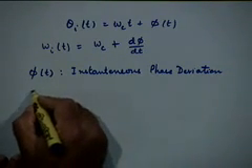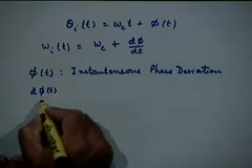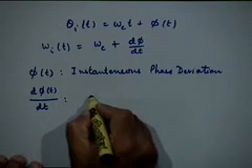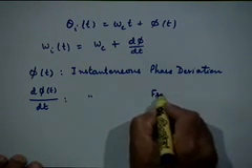Likewise, d phi by dt, which appears here, should be called instantaneous frequency deviation.